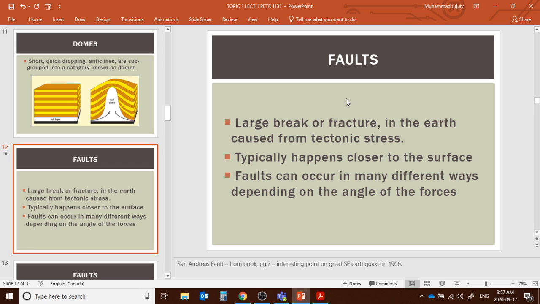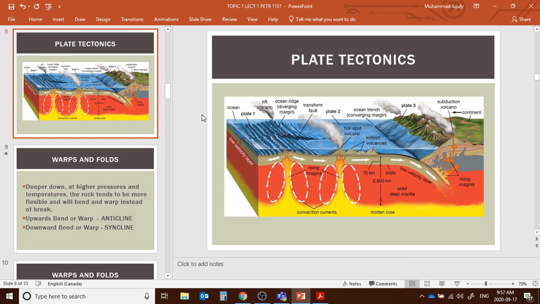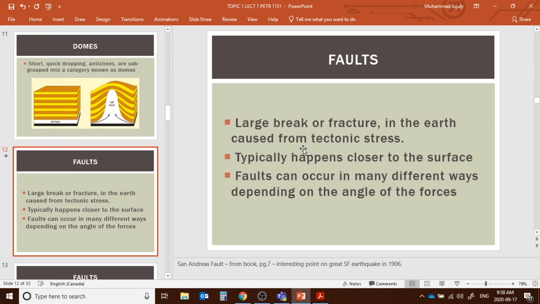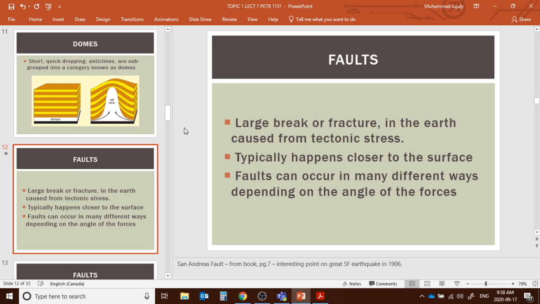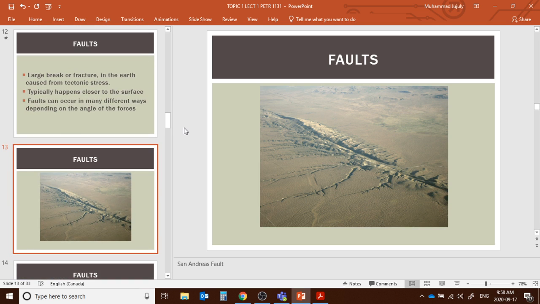Fault. What is a fault? A fault is a large break or fracture in the earth caused by tectonic stress. For instance, in here you can find a fault. It typically happens closer to the surface, and faults can occur in many different ways depending on the angles and the forces.